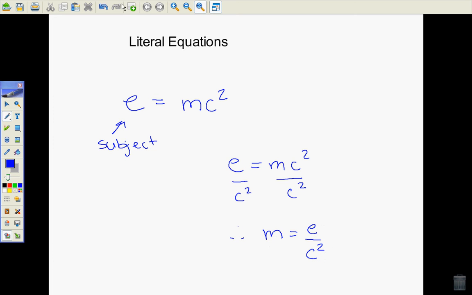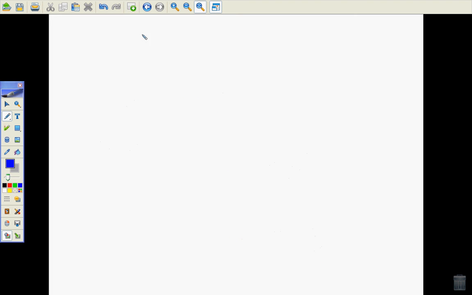If we look at another example, something similar is speed is equal to distance over time. If we've seen that one before, the speed is equal to distance divided by time. Now what happens if we want to make t the subject? This time we'd have to multiply both sides by t to start off with.